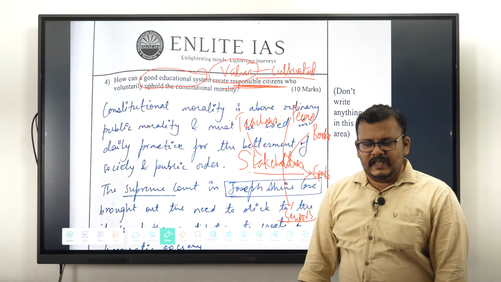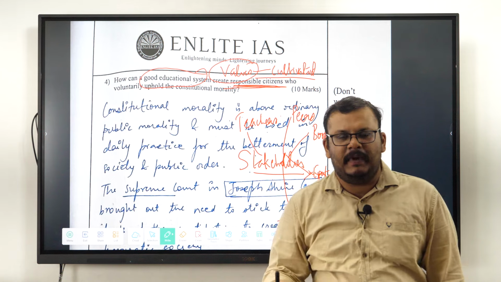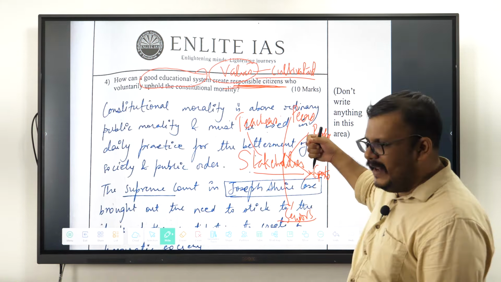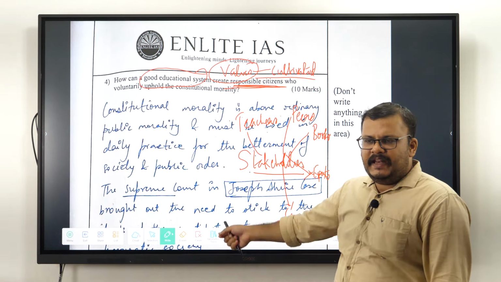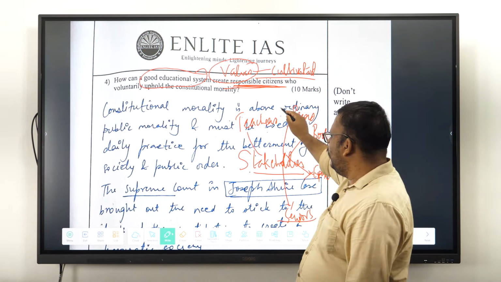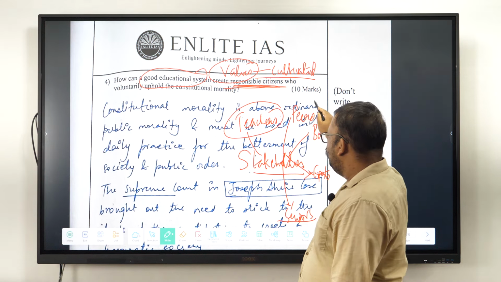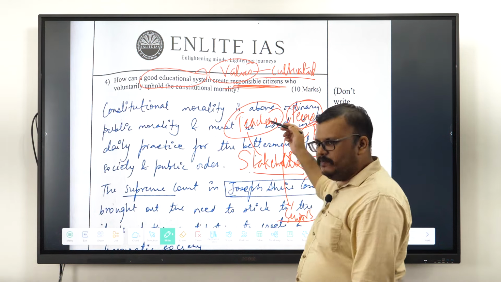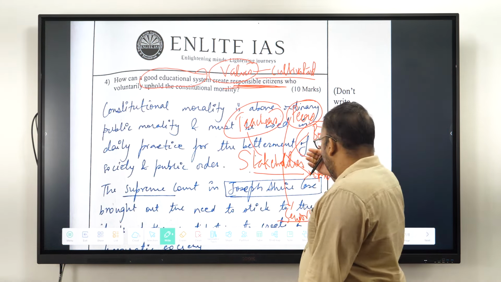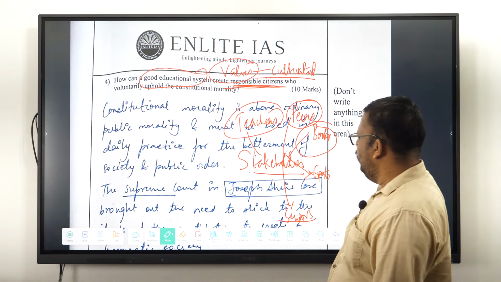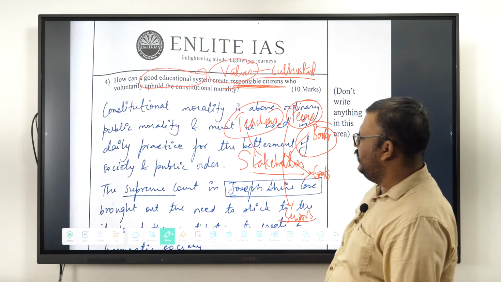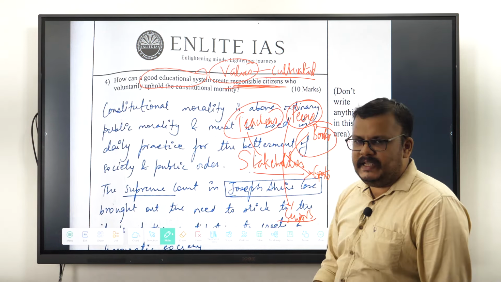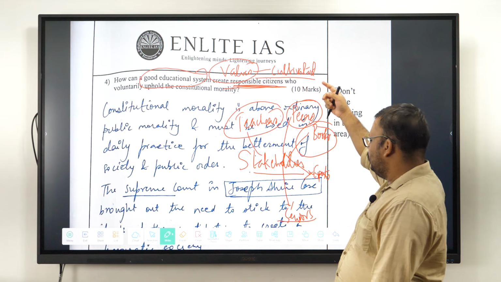So all these are the stakeholders in a particular educational institution. So values are created in an educational system through your interaction with teachers, through your interaction with colleagues or peers, or through reading various books where good values can be cultivated. So this particular question wants you to identify how good educational system creates responsible citizens.